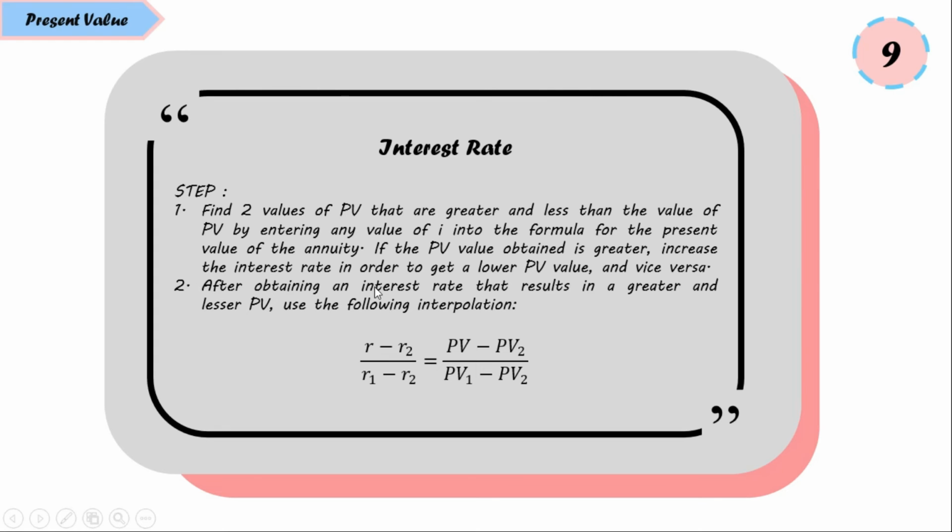Step 2: after obtaining an interest rate that results in a greater and lesser present value, use the following interpolation: R minus R2 divided by R1 minus R2 equals present value minus present value 2 divided by present value 1 minus present value 2.